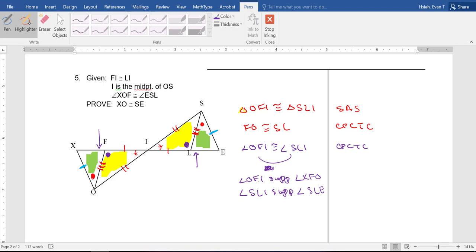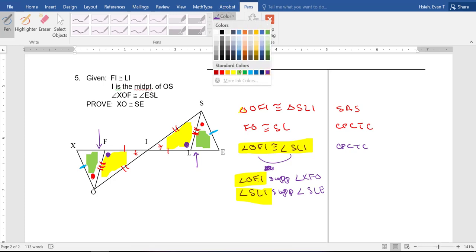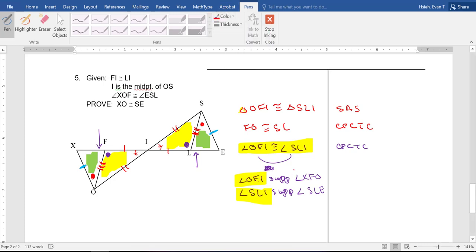Now we know that these two are congruent, which are these two. So hopefully you can see that these two angles are congruent to each other because they're supplementary to congruent angles. And so that means that these two are congruent.